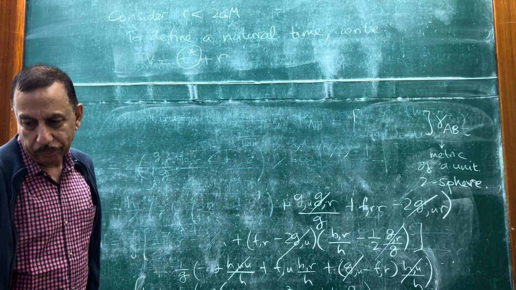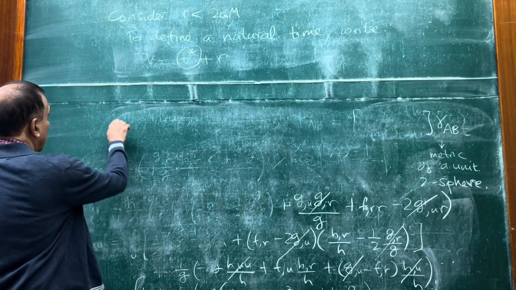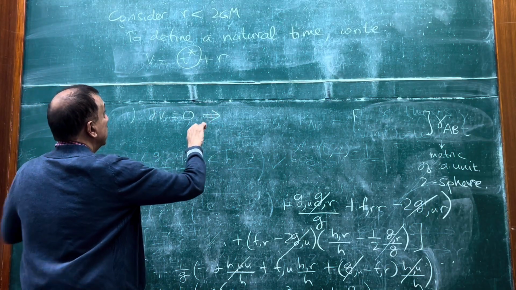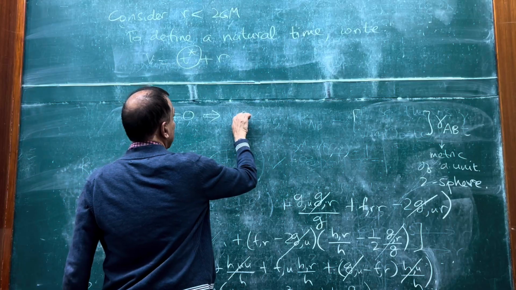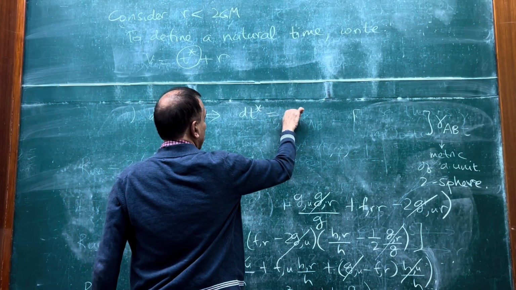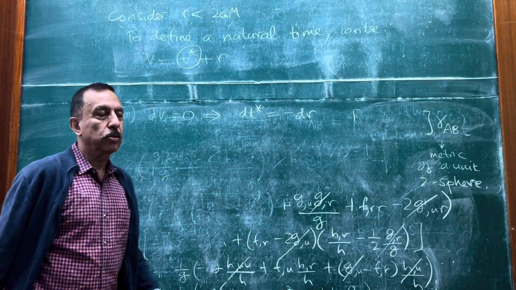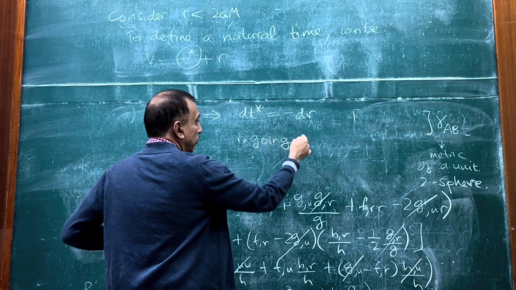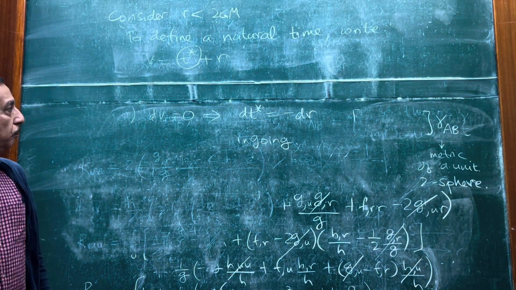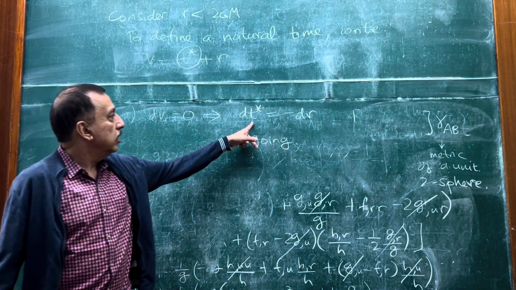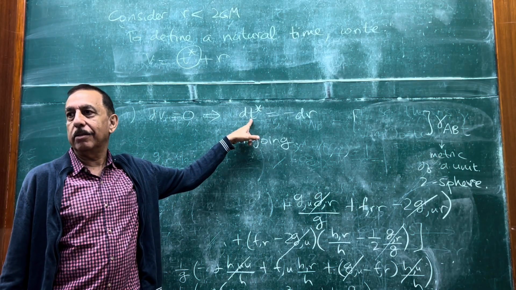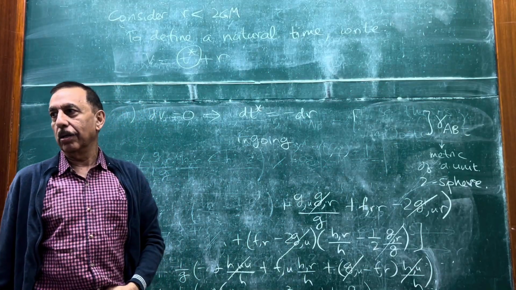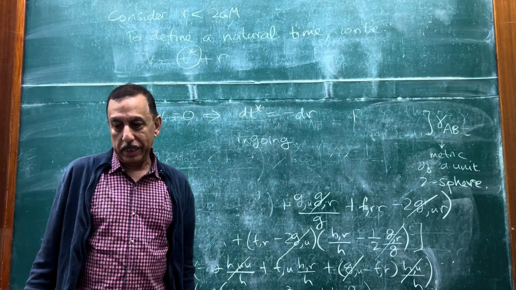So the first one is dv equals 0, and precisely by this equation, this says that dt star is equal to minus dr. And so of course it's ingoing, even inside. Ingoing with respect to the t star time. That means as t star increases, we are going to the future and r is decreasing. So that's what ingoing means.